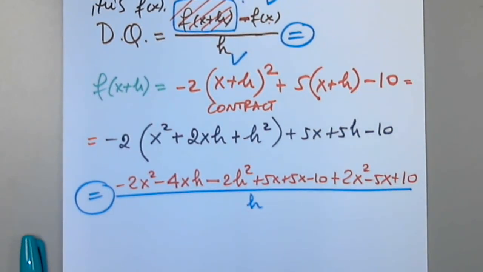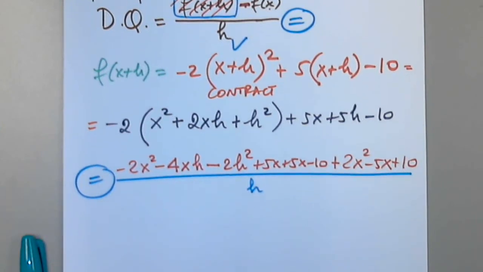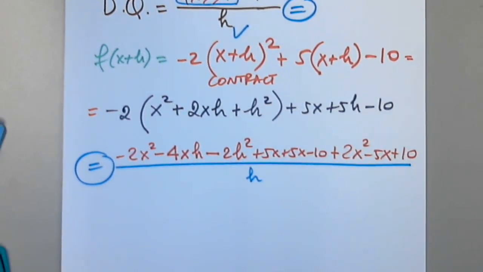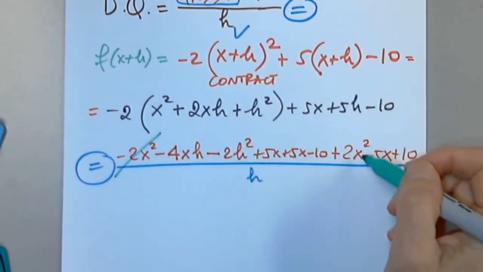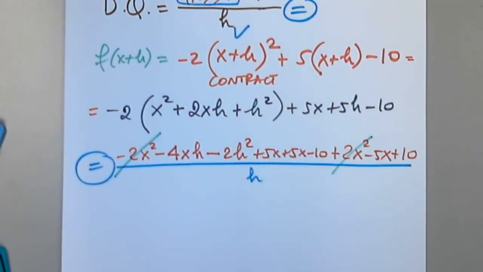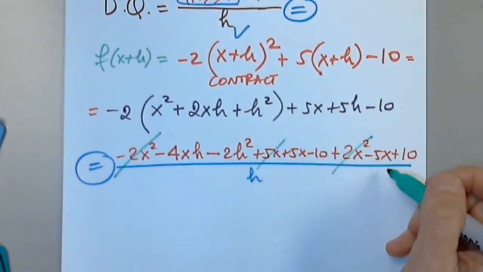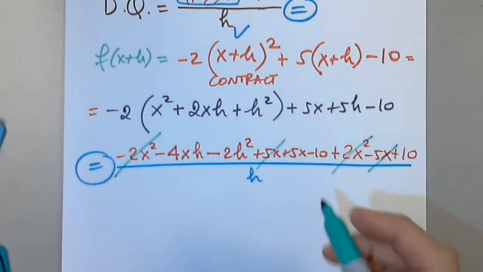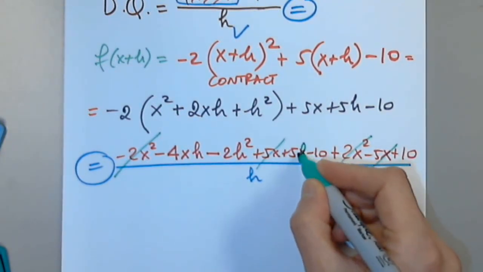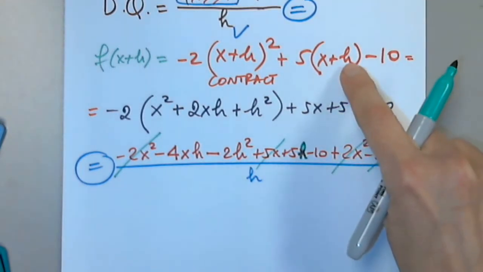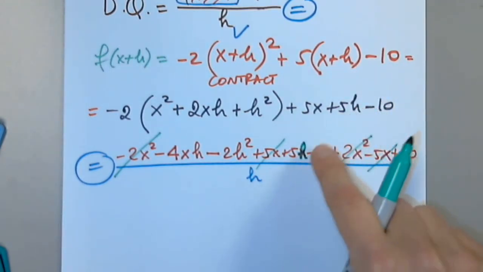Okay, good. So let's look at the top. Does that happen? Terms without h go away or not? Yeah. So I see a negative 2x squared with a positive 2x squared. What else? 5x and 10. I'm sorry. Be very careful here. I copied something else by mistake. I wrote 5x twice.